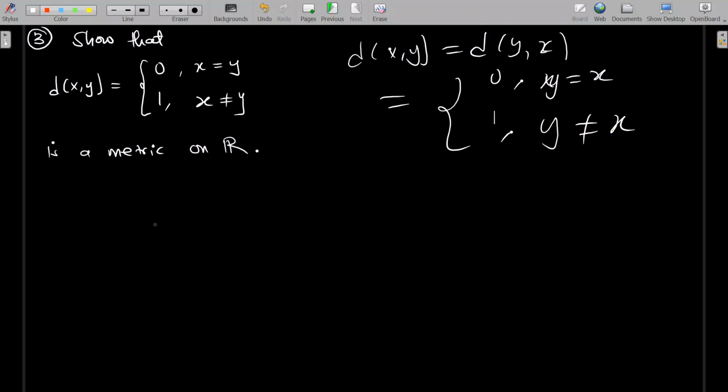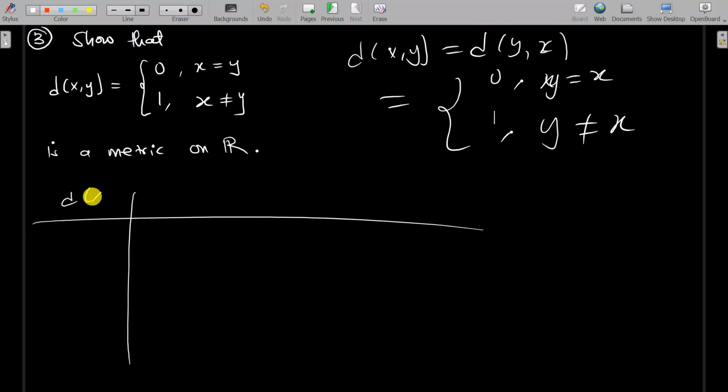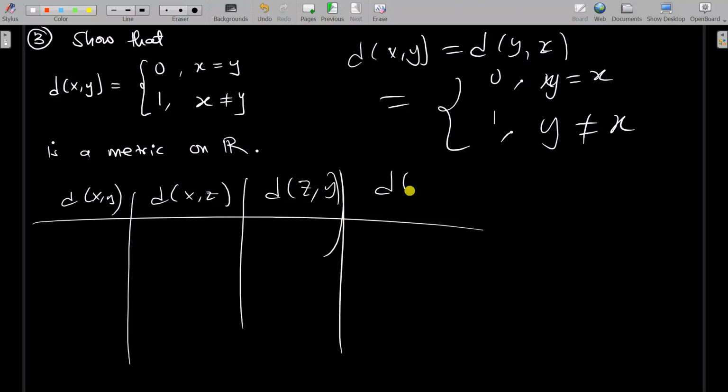Okay, and so the latter part is where you find a problem. The latter part, you can use a table where you look at the d of xy against d of maybe xz and d of zy, and then the summation, d of xz plus d of zy.